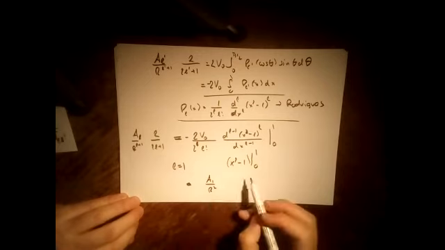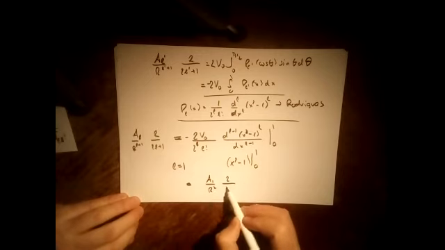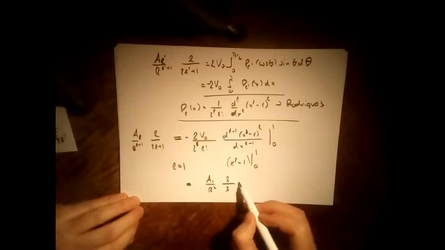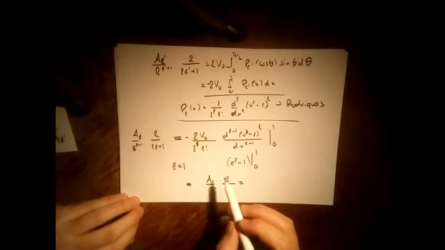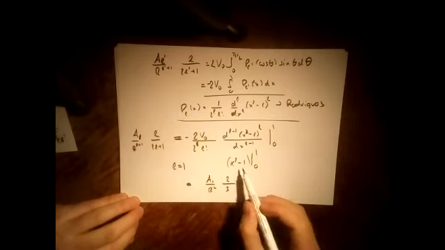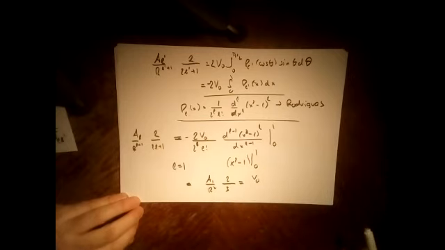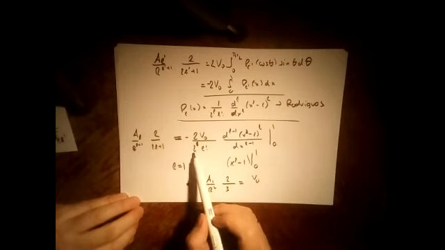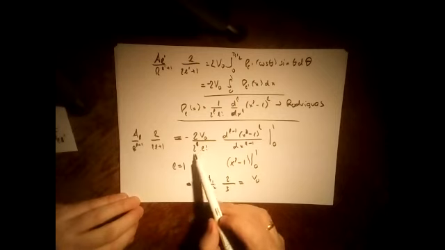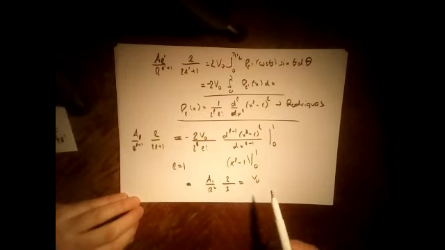So A_1 over R squared times 2 over 3 is equal to, the 2 cancels, the minuses cancel, V0. 2 to the L is 2, but that 2 cancels with the other 2.